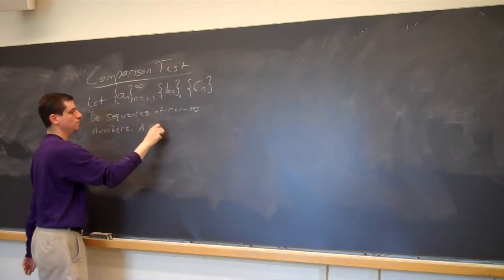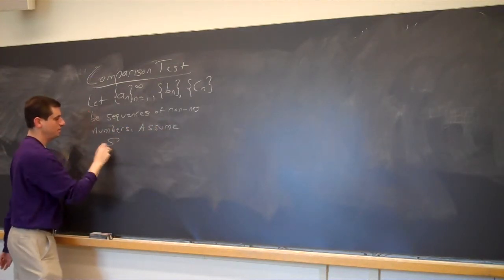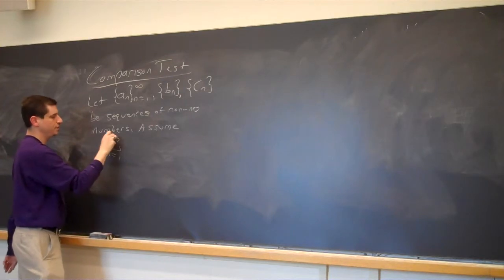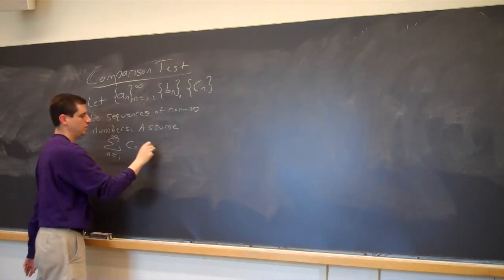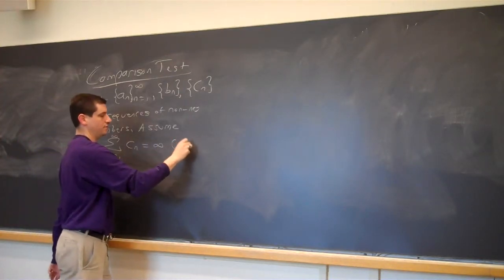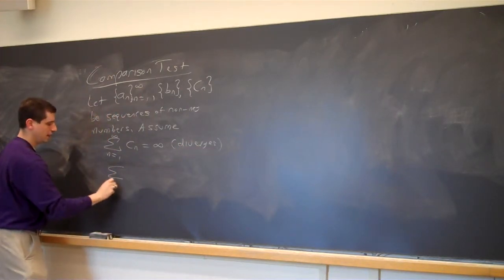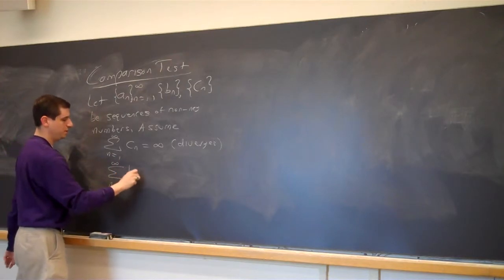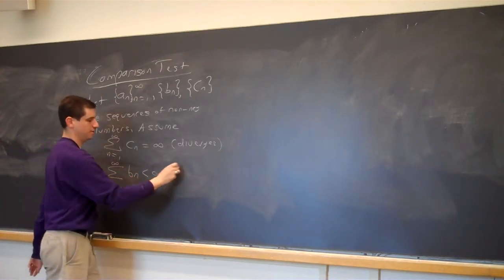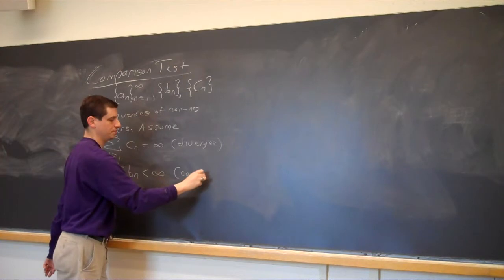And let's assume the sum from n equals 1 to infinity of c_n equals plus infinity, so it diverges. And the sum from n equals 1 to infinity of b_n is less than infinity, so it converges.